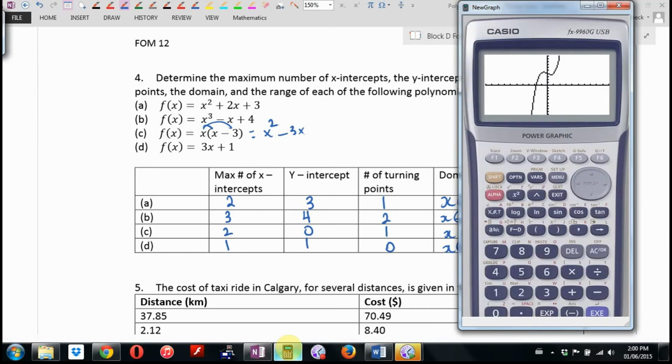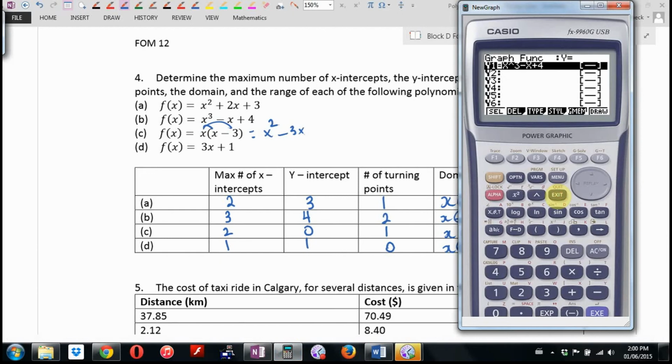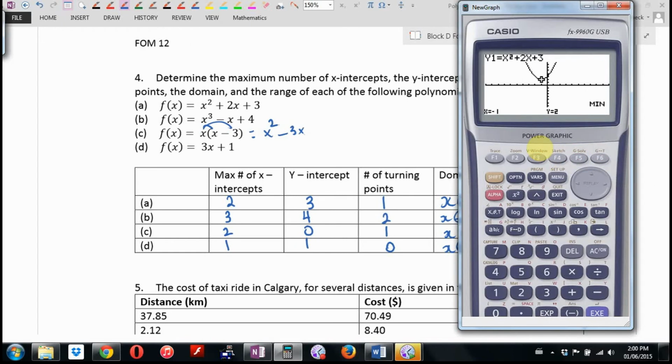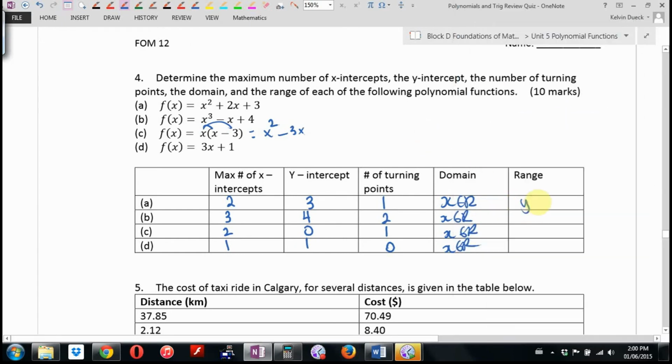Range, I've got to graph this puppy. X squared plus 2x plus 3. Draw, G-solve, minimum. The range is everything above or touching 2. Y greater than or equal to 2. Range of a cubic is all reals, and range of a linear is all reals.